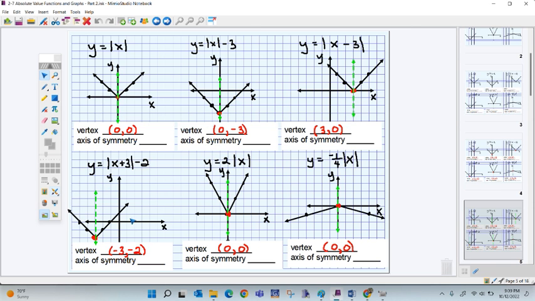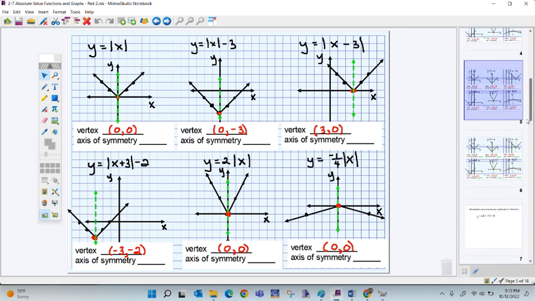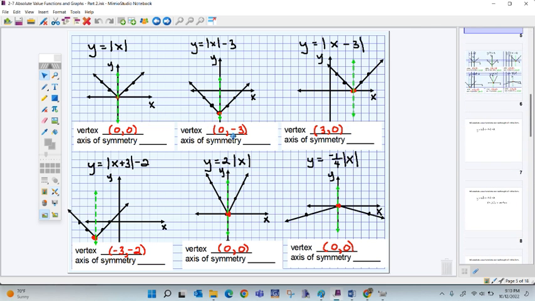So all of these axes of symmetry have to have x equals whatever number goes in there. So my axis of symmetry here is where x equals 0. You can pull it right out of the x coordinate on the vertex. So x equals 0 is this axis of symmetry.